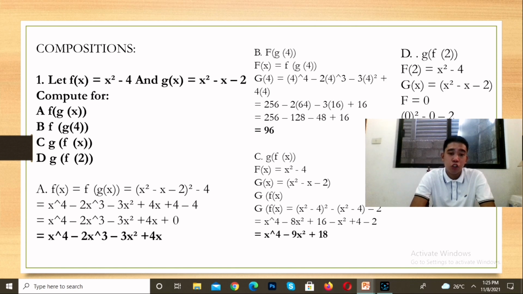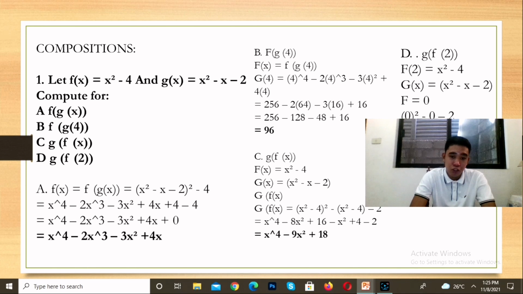Substitute mo lang yung 4 doon sa equation. Tapos, f of g, g of 4 equals 4 raised to 4 minus 2 close and open 4 cubed minus 3 close and open 4 squared plus 4 times 4.